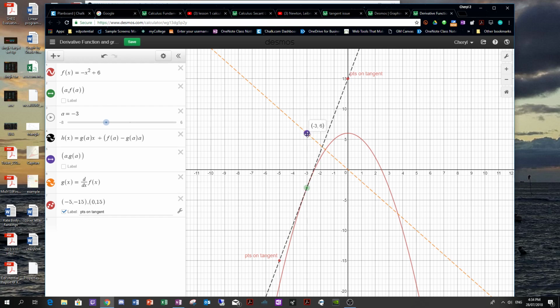So this is a point of negative 3 and 6, and 0 and 0, and 2 and negative 4, and 3 and negative 6. These all fall along this orange line, so this becomes the gradient function of this parabola based on the gradients of the tangents at various points along the curve.